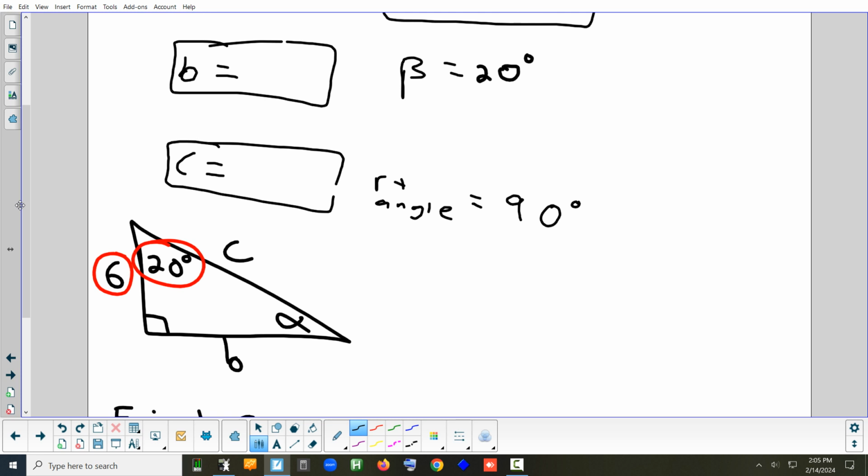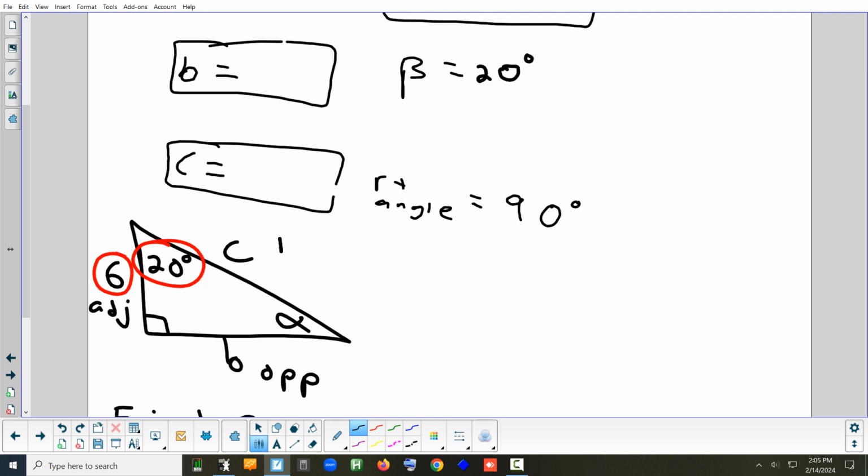We've got to figure out which trig function we need. So to do that, we need to label the positions. Everything is from the 20. So what is side 6? What position? Adjacent. And what about side B? Opposite. And side C? Hypotenuse.